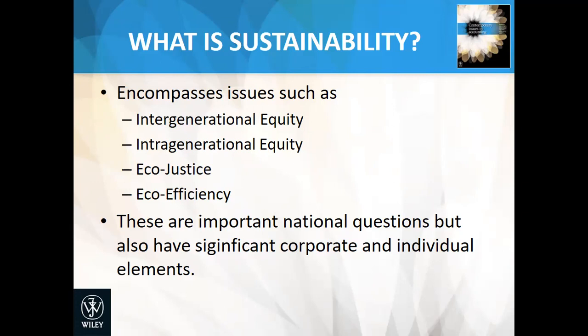Let's say generation X, then we talk about the equity, fairness, and justice within group X, or generation Y, and generation Z. Next is eco-justice, the fairness and equality in terms of our environmental aspect of the three P's with respect to economics, or with respect to costs and benefits. So we always think that the benefits must be greater than the cost anyway.